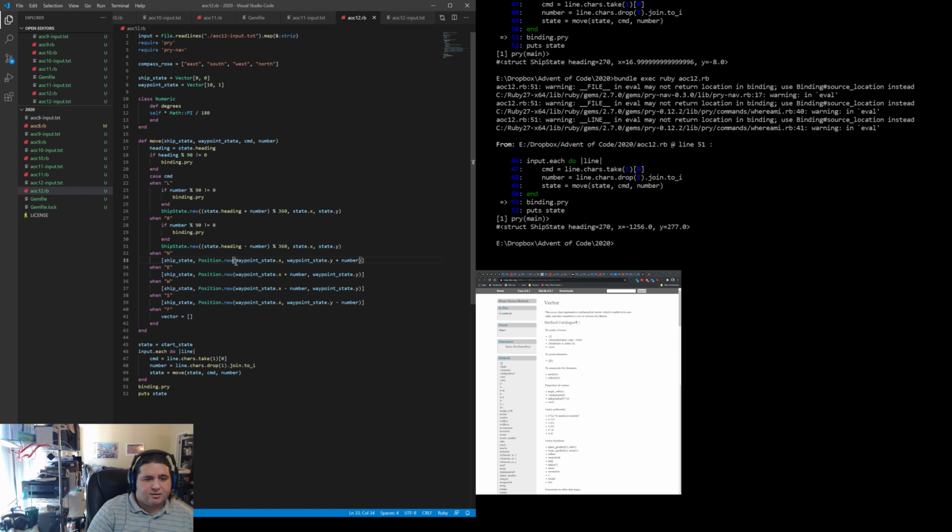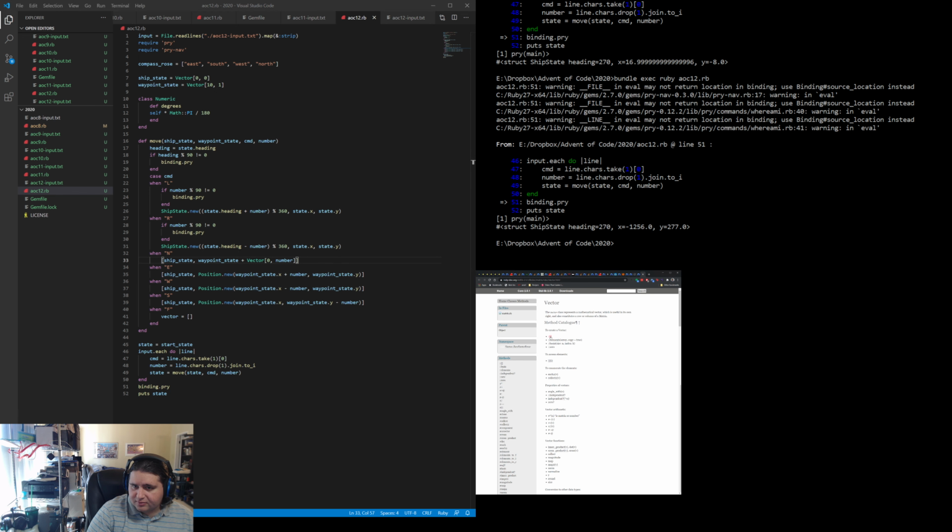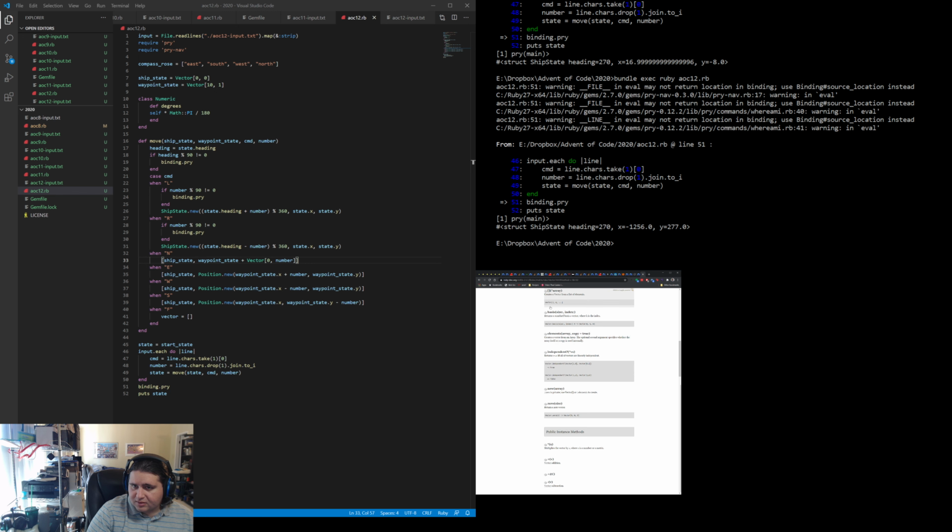So this should be waypoint state plus a vector containing just a number in the positive direction, so waypoint state plus a vector that's 0, number. Am I initializing this correctly? I think so. Okay.